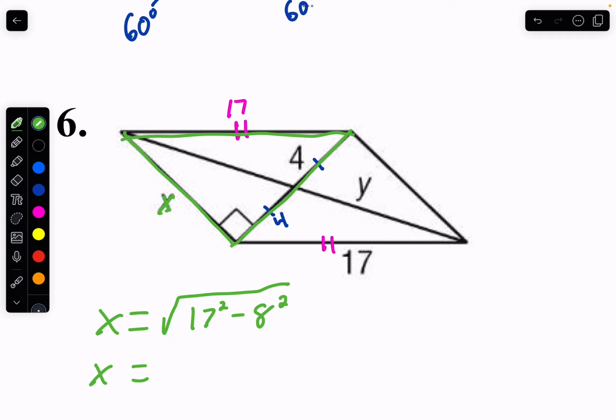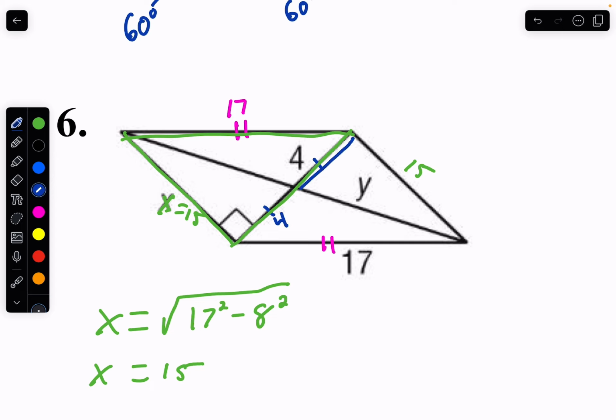From there you say x equals 15. I can put it also over here. So x equals 15.